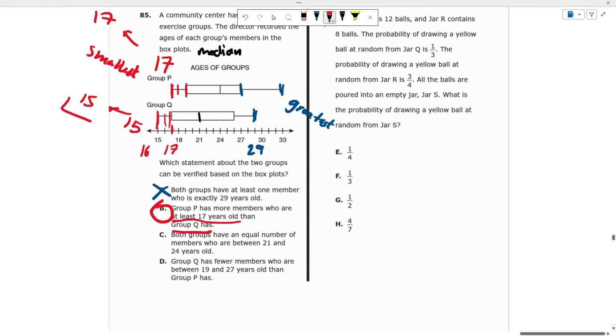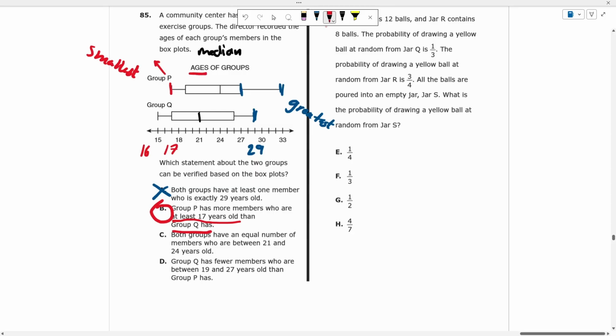Because group Q for sure has someone that's 15, we know that group P has older people because the youngest age there is 17. The youngest possible ages in group Q are both 15 and 16, because 16 also falls between this whisker. So I hope this explanation does actually clear this up. What I'm trying to say here is that if this whisker is the smallest value here, the smallest value of age is the same thing as saying the youngest.